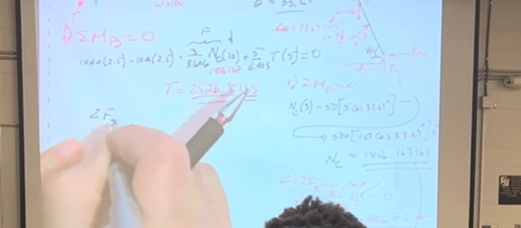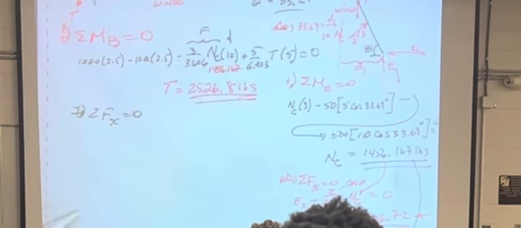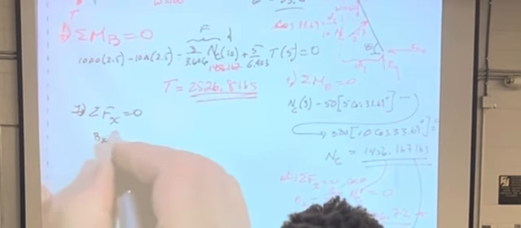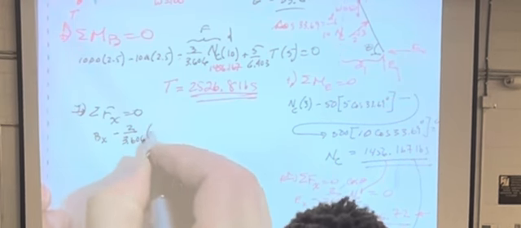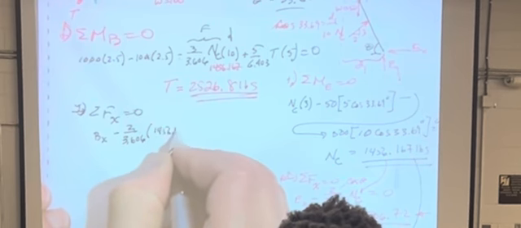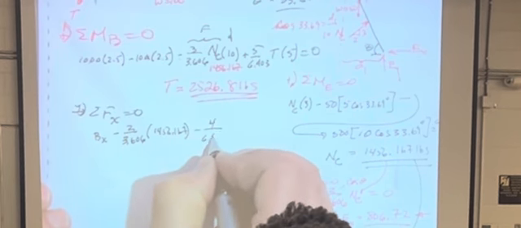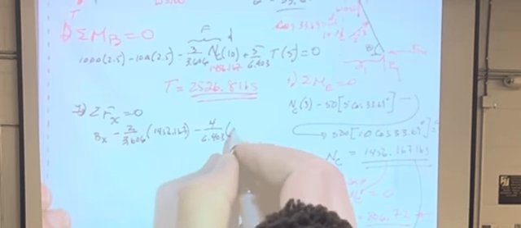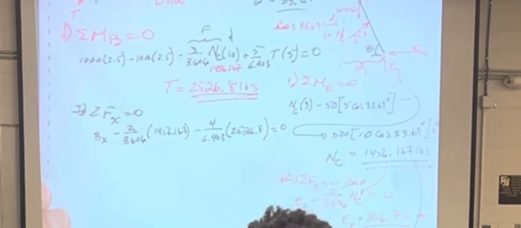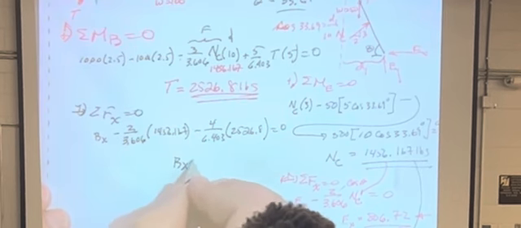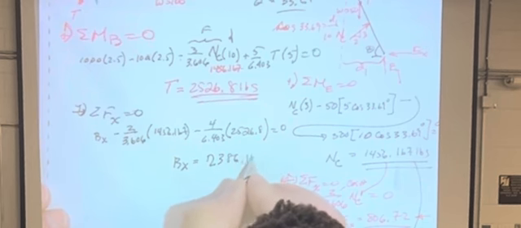Sum of forces in the X equals 0, positive to the right. Says Bx minus 2 over 3.606 times 1456.167 minus 4 over 6.403 times 2526.8 equals 0. Bx comes out 2386.14.